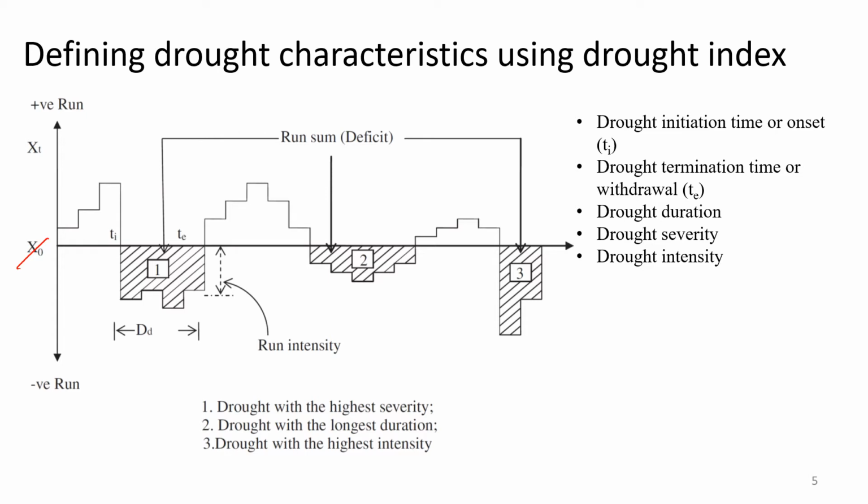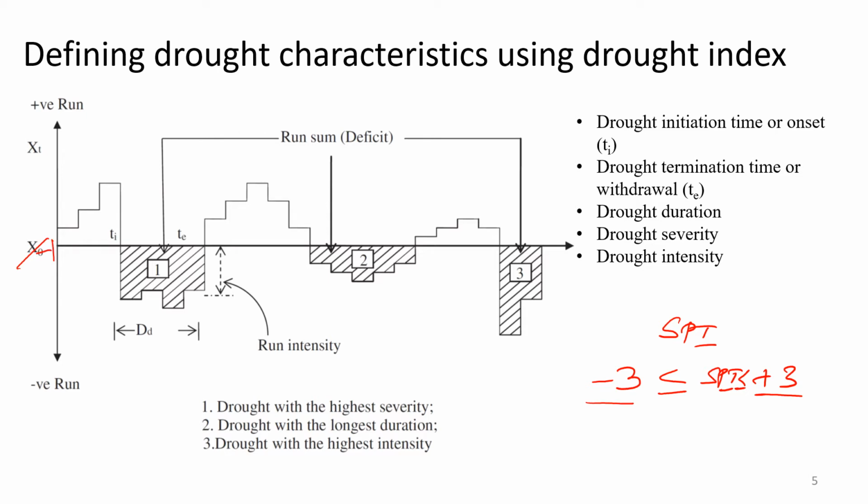Say in the next slides we are going to see what is SPI, the standardized precipitation index. It will vary from -3 to +3. So generally SPI is a drought index which will vary from -3 to +3. Negative values indicate drought conditions, positive values indicate wet conditions. So government agencies may define -1 as a threshold for a drought event.